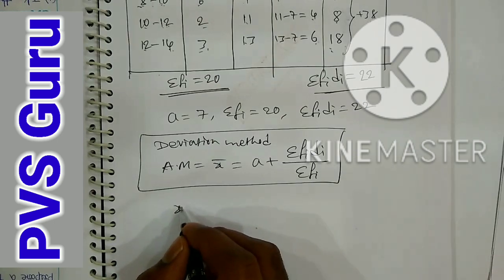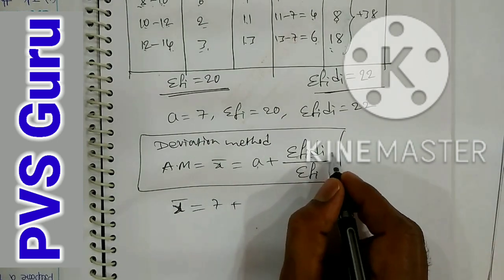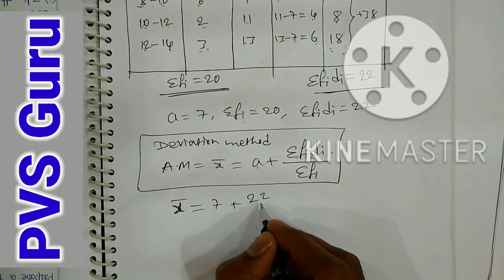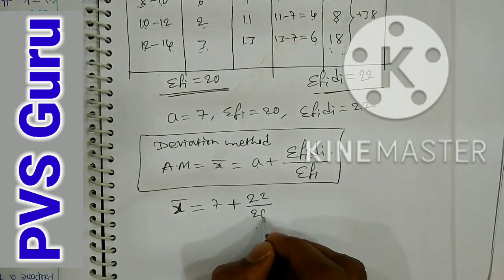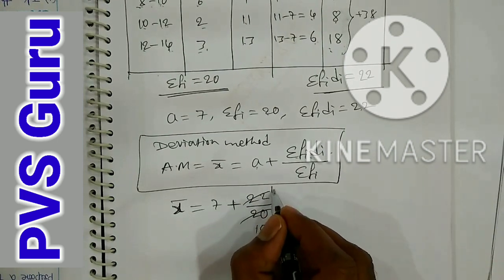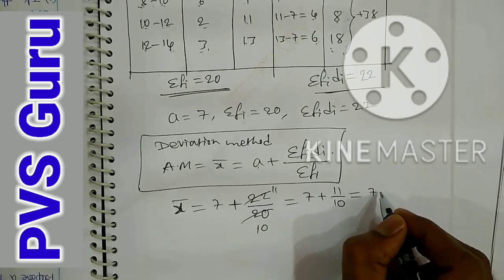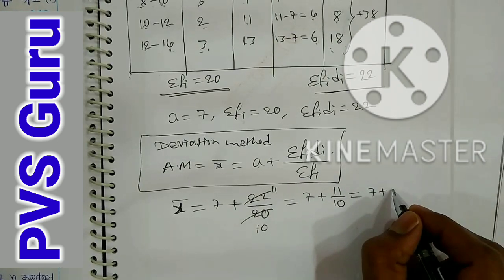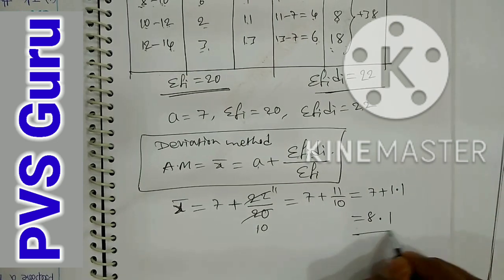Then substitute: x bar is equal to 7 plus 22 by 20. 2 tens are, 2 11s are. This is 7 plus 11 by 10, which is 7 plus 1.1, equal to 8.1.